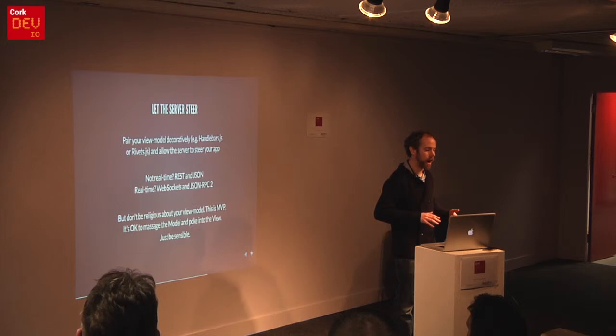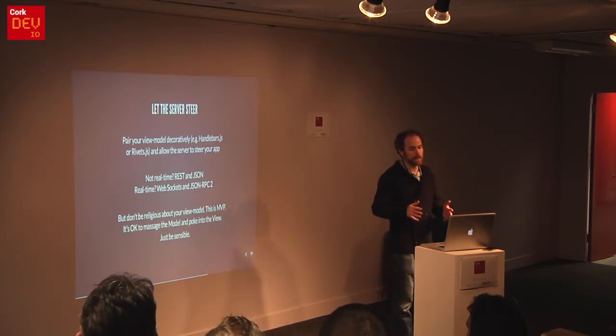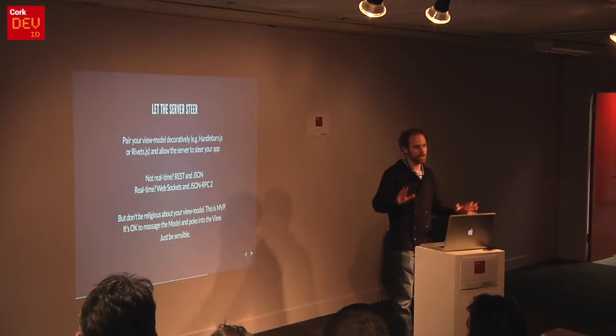The approach which we take, and which I really like, is having the server drive the view. They pair the model and the view, and pair them declaratively again. There are ways that you can use JavaScript to do bindings, but there are also declarative bindings.